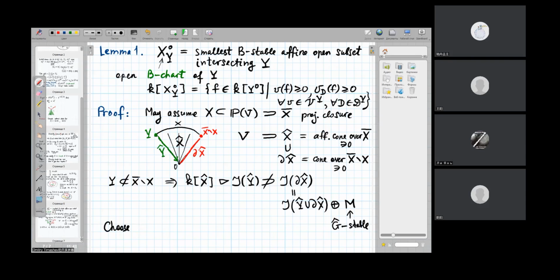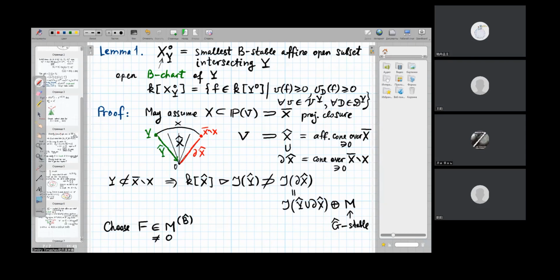And now choose a non-zero polynomial in this G hat stable subspace, which is an eigenvector for the Borel subgroup B hat. Since this subspace M is G hat stable, we can choose a highest weight vector in it. So we can choose such a polynomial.